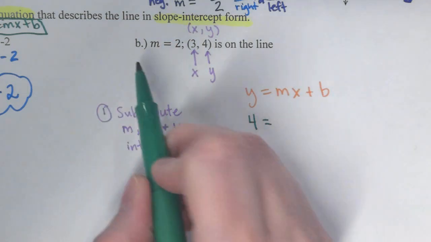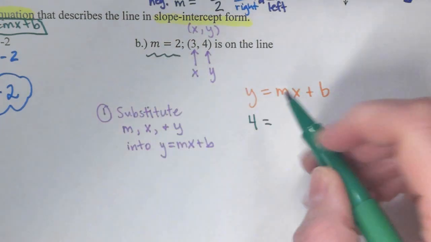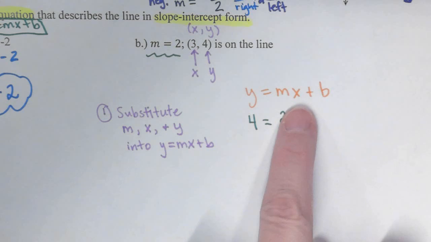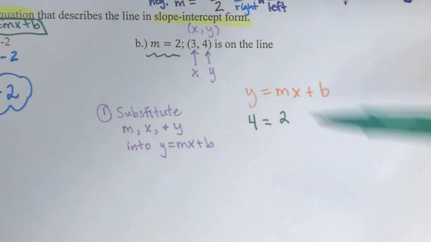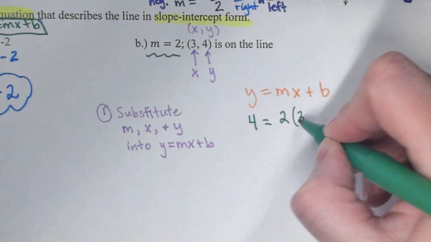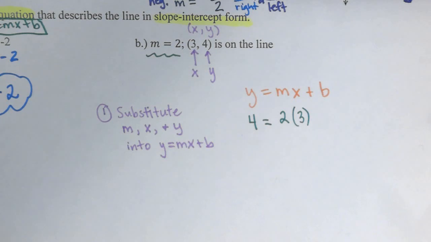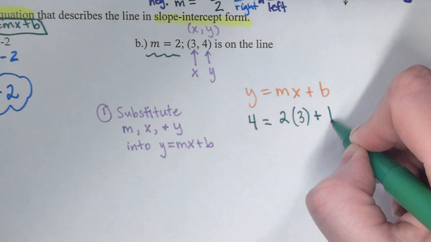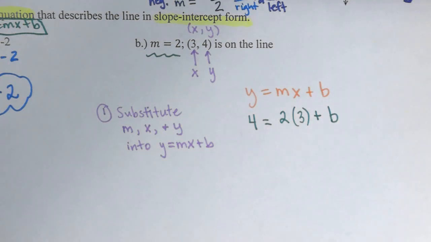Okay, it says m equals 2, so I'm going to plug in 2 for m. X is 3. Remember that these are being multiplied together, so when you plug in the 3, you can put that in parentheses. You can put like a little times between them. And then we don't know what the y-intercept is yet, so we are not plugging in anything for b.